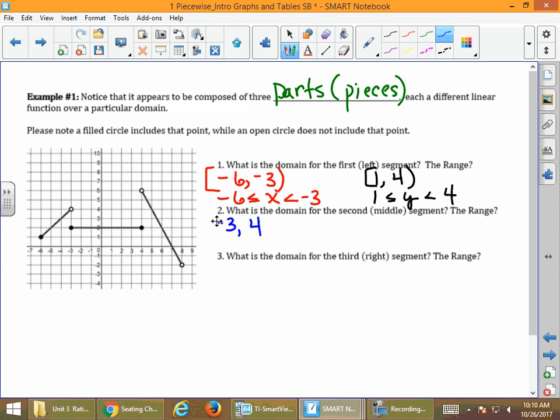And both our endpoints are filled in in this case, so we're going to have square brackets around both. But again, typically we don't write domain in this notation for piecewise functions. We write it as -3 is less than or equal to x is less than or equal to 4.